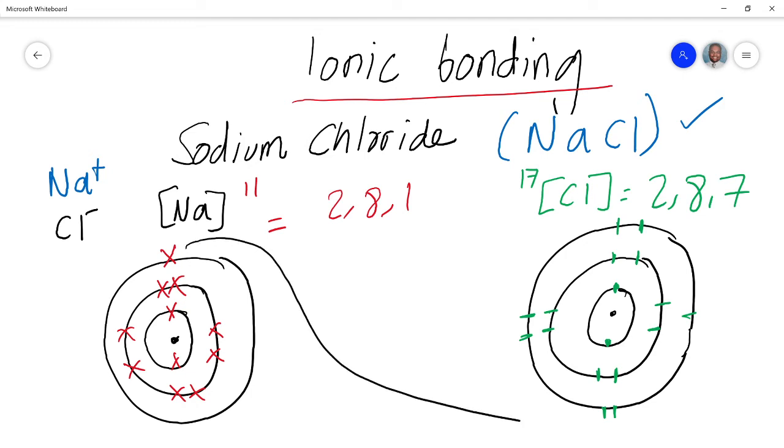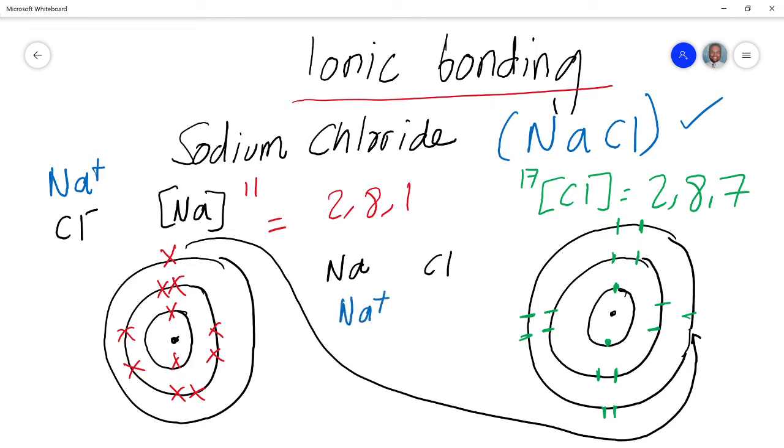whereby in this process that 1 electron moves there. So sodium, which was initially Na, loses an electron and therefore becomes Na+.